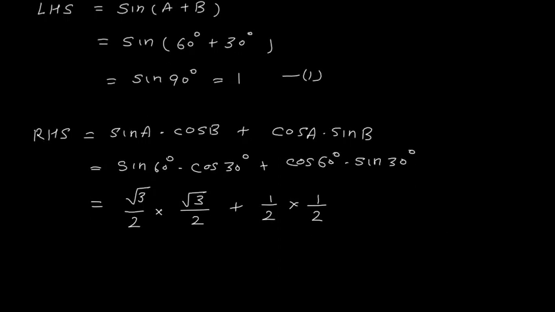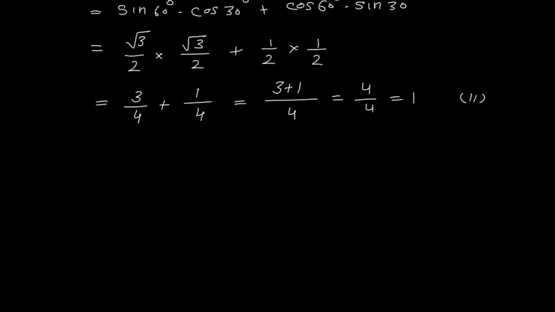So this equals root 3 into root 3 is 3, 2 into 2 is 4, plus 1 into 1 is 1, 2 into 2 is 4. So the numerator is 3 plus 1 divided by 4. 3 plus 1 is 4, 4 upon 4 is 1. This is our second equation.